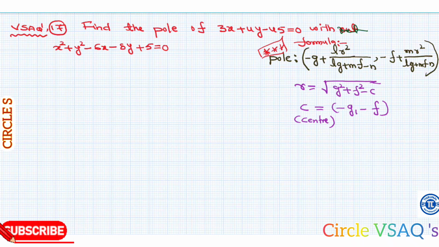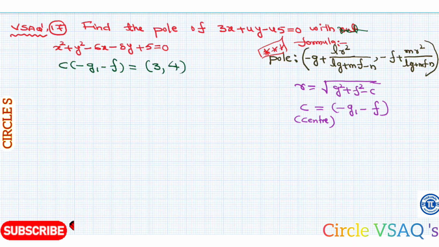Okay, first write the center of the circle, C is minus g comma minus f. We know that 2g equal to minus 6, 2f equal to minus 8 from the general form. So we get g value is minus 3, so minus g is minus into minus plus 3, and f value is minus 4, minus f is minus into minus plus 4.